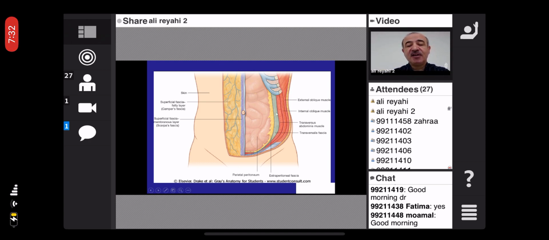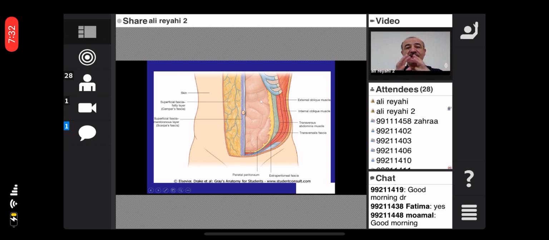At depth of the transverse fascia, there is the extraperitoneal fascia or fat, and then we reach the parietal peritoneum, this layer.